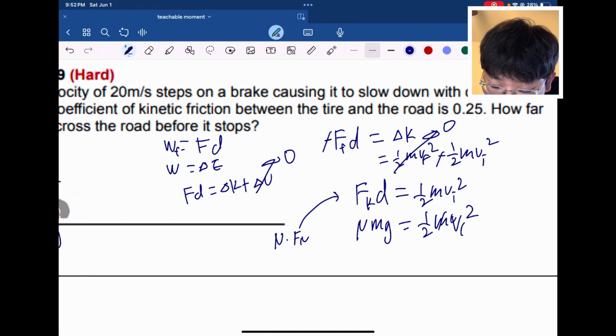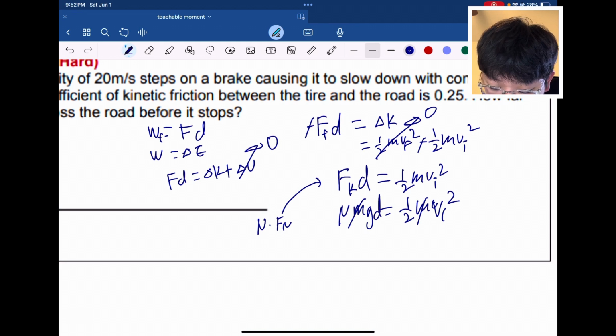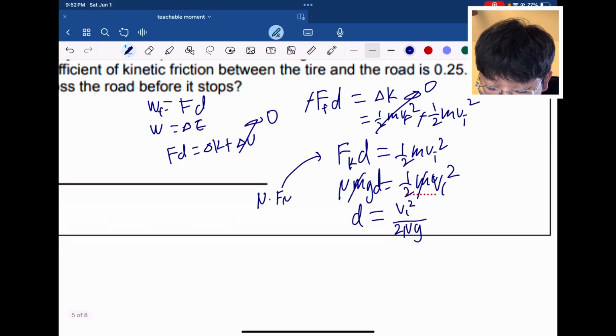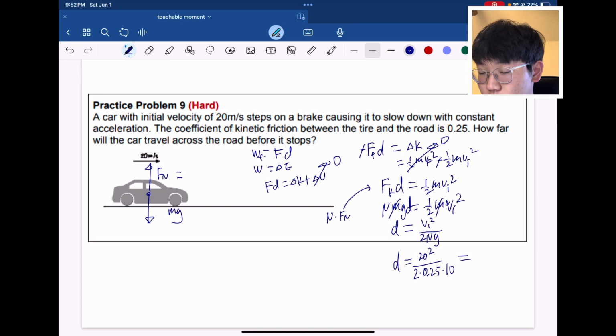Then we can cancel out mass, and we know all the values except for distance, so we can plug the values in. So distance is velocity initial squared over 2 mu g: 20 squared over 2 times 0.25 times 10, and that should be about 18 meters.